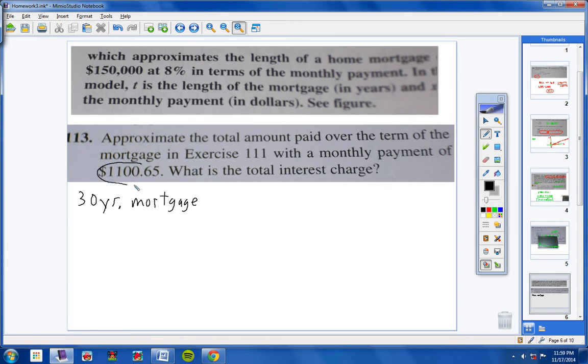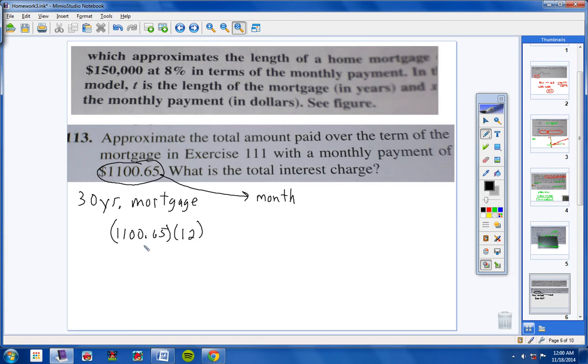Now we know they're paying this much per month, and we know they're doing that for 30 years. So take 1,100.65 times 12. When you multiply that by 12, you're getting how much they pay in a year.